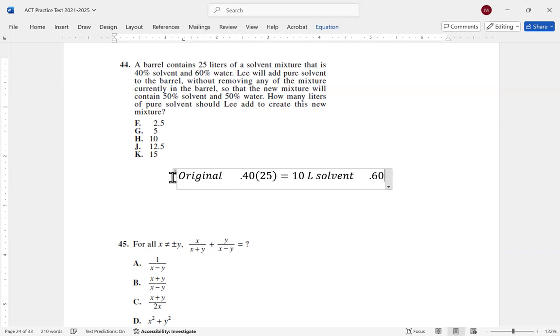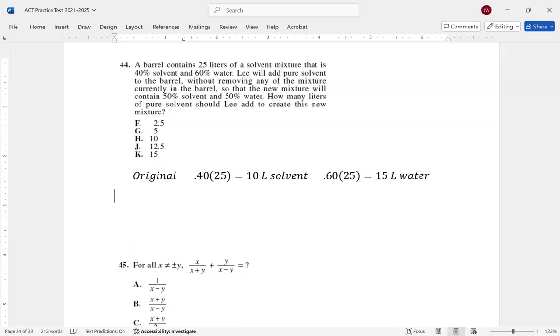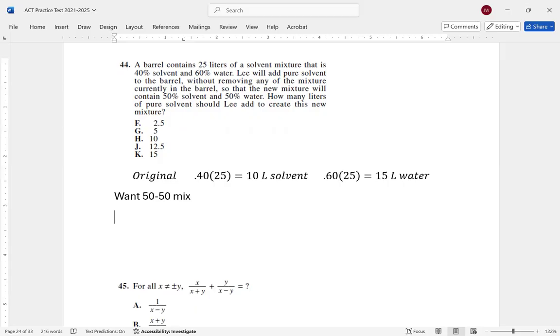And 60% of that 25 is going to tell me that we have 15 liters of water. Now, if I want a 50-50 mixture, and I'm not adding any water, I'm just adding solvent, then I need to make sure that the amount of solvent is equal to the amount of water.